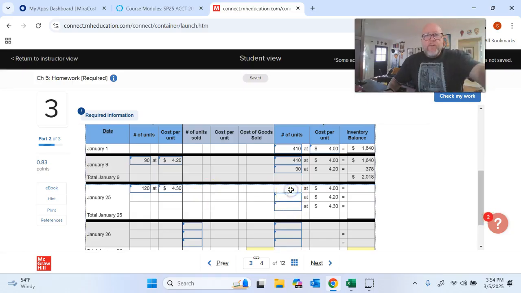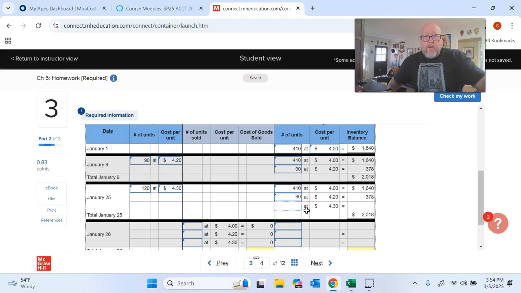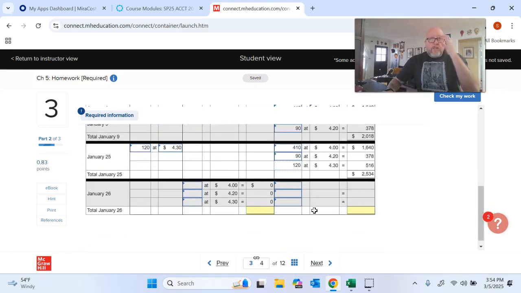Again, we're going to start with the top row, 410 units at $4 a piece, 90 units at $4.20, and 120 units at $4.30. Okay, now we're going to start selling.